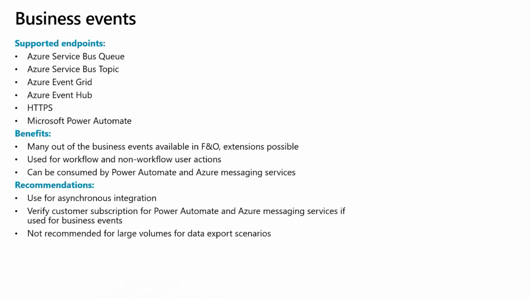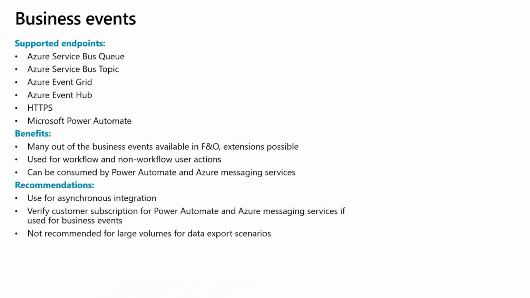So there are many out-of-the-box business events available in finance and operations. You can enable these business events. You can add endpoints. It can be used with both workflow and non-workflow user actions. It can be consumed with the help of your already existing subscriptions for Power Automate and Azure messaging services.